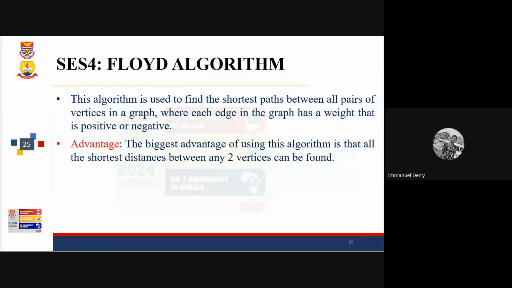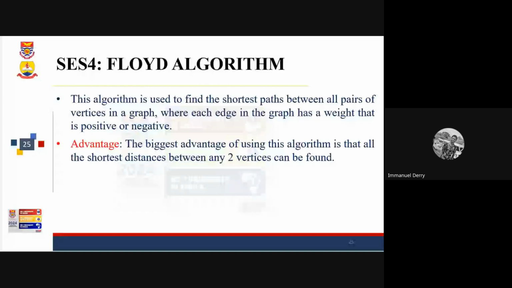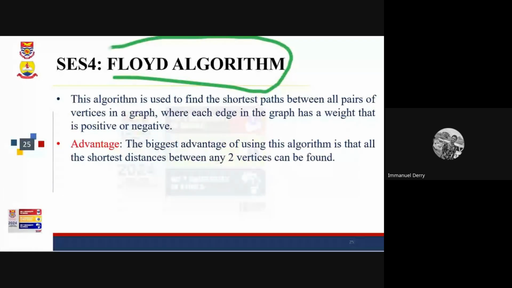This also is used to find the shortest path between all pairs of vertices in a graph, where each edge in the graph has a weight that is positive or negative. The difference between the Dijkstra algorithm and the Floyd is that Floyd takes care of negative weights. However, Dijkstra does not take care of that.